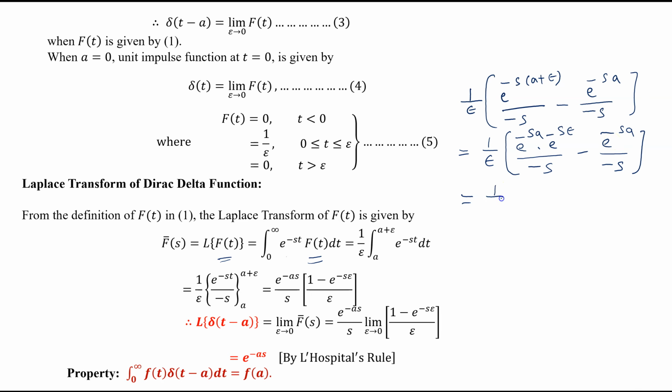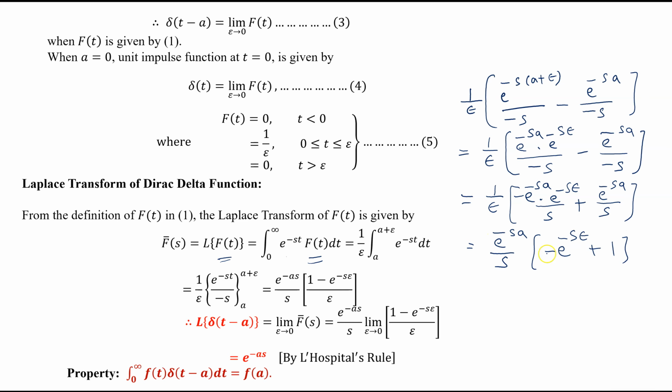This can be written as 1 by epsilon into e power minus sa into e power minus s epsilon upon s, plus e power minus sa upon s. Here minus into minus becomes plus. Now if you take e power minus sa by s outside, here you get minus e power minus s epsilon, here plus 1.